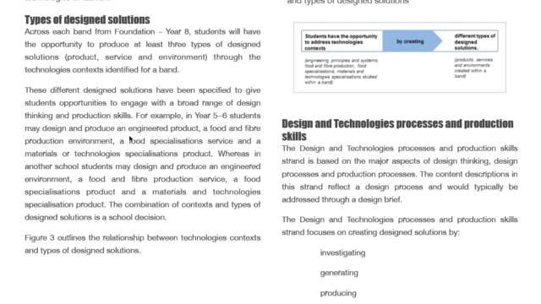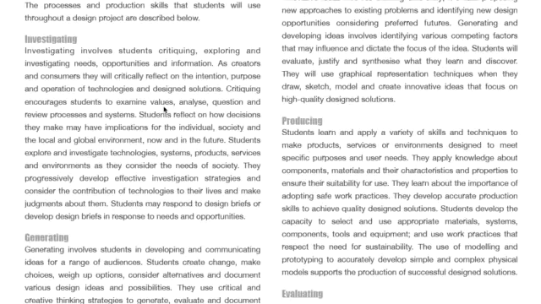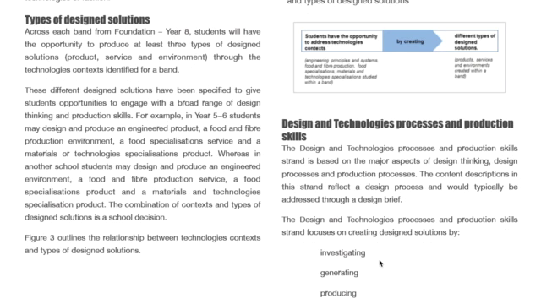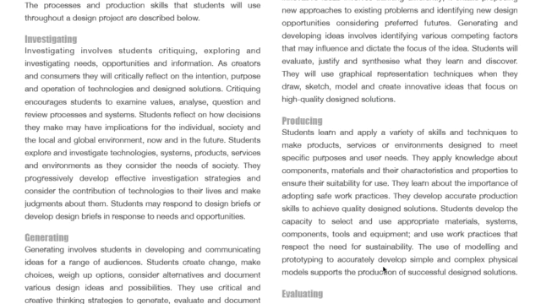Okay, let's look briefly at the design, technologies, processes, and production skills, or in other words known as the design process. Again, we're going to be exploring this in a lot more detail next week, but just to briefly go through, generally we start off with an investigation, a research process whereby students look at the problem, look at what the needs are, look at the people it's going to affect and what their needs are, and then exploring what alternative solutions might already exist to that, what things people might have tried in the past.